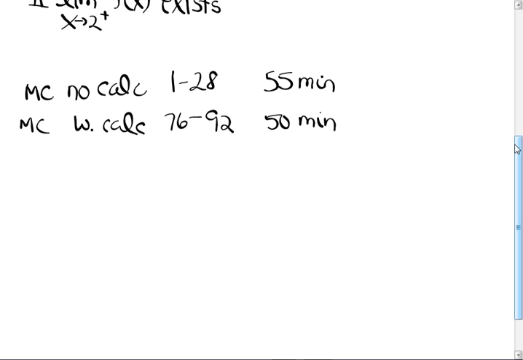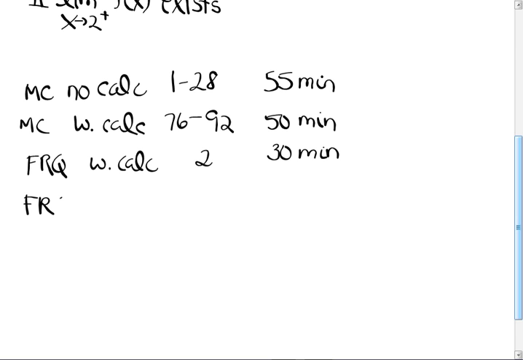Okay, guys. Now, you have the FRQ with a calculator, and there's 2 problems, and you get 30 minutes. You have to do them all. There's 2 with a calculator. Then there are 4 without a calculator. They changed that. It used to be 3 and 3. And this, you get an hour.